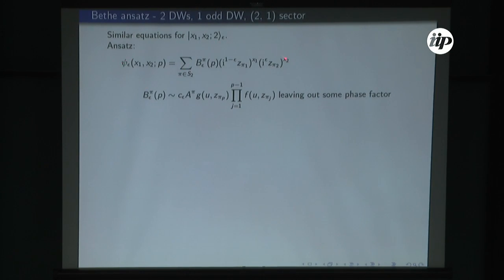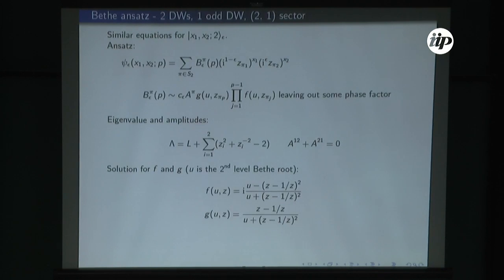You will take this ansatz, where you sum up over all permutations, and here you have the amplitudes. But this amplitude includes further factors. If you plug this in, then you get the same eigenvalue and the same condition on the amplitudes. And for these f and g functions, you will get these solutions, where this u is the nested Bethe root.